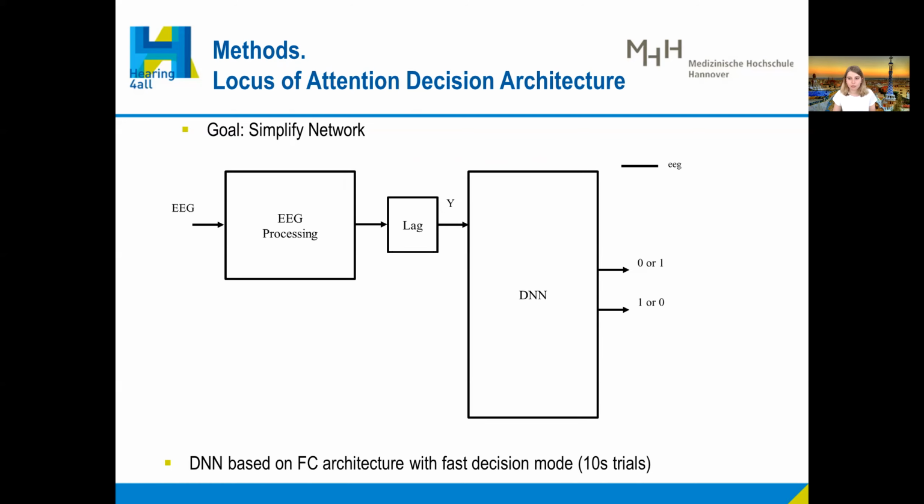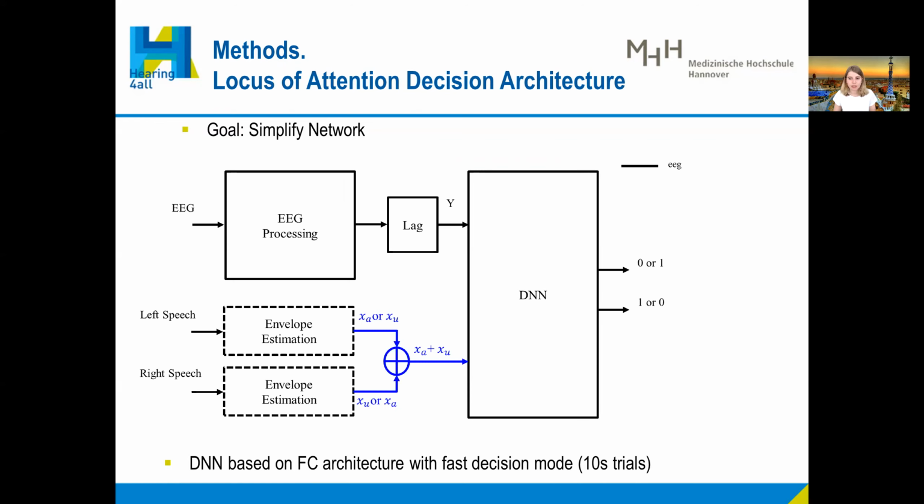We also implemented different types of this model, and the first one is taking just EEG as an input. The second one is taking EEG plus summation of envelopes of both audios, attended and unattended. And the third and last type of architecture takes EEG as an input plus envelopes of speech, additionally to the EEG signal.